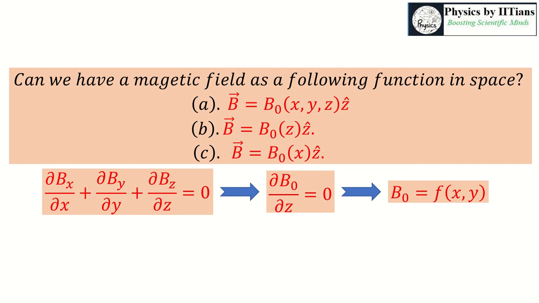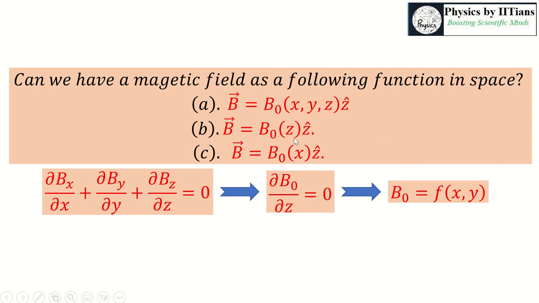If you solve this differential equation, you can see that this will be valid only when B naught is a constant, or B naught can be a function of x and y, but it should not be a function of z. In the first part of this question, B naught is a function of x, y and z. That means there is a z variable also, and this will not give you del Bz over del z to be 0. So this cannot represent a valid function.